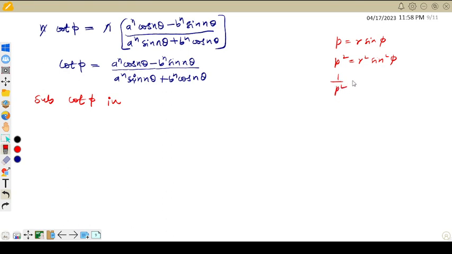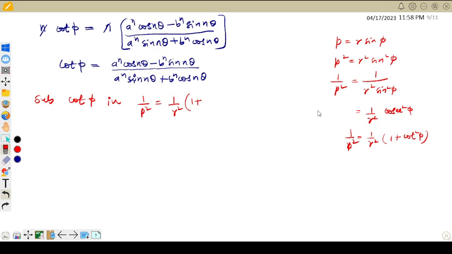You'll get 1 by p square is equal to 1 by r square sin square phi. Keep 1 by r square as it is; 1 by sin square phi becomes cosec square phi. So this is 1 by r square into cosec square phi, which is 1 plus cot square phi. Okay. So you can substitute here: 1 by p square is equal to 1 by r square into 1 plus cot square phi. Okay, fine.